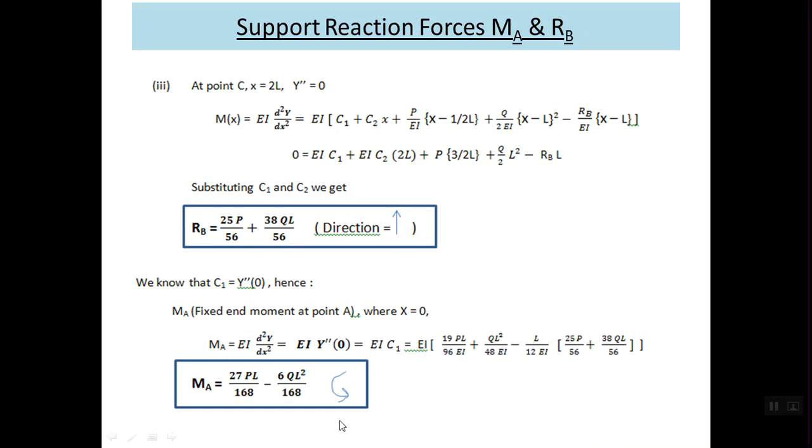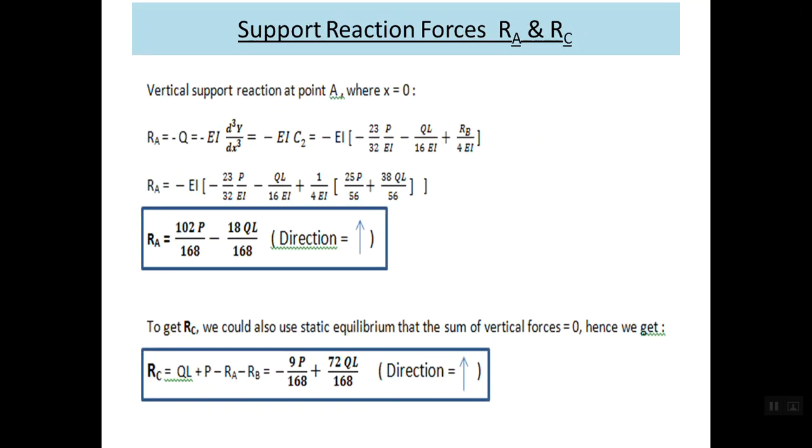Then we can resolve for the fixed end moment at point A. Then we find the vertical support reaction at point A, where x equals 0. It should be the minus of the shear force, or the third derivative of the elastic curve. Then we get the support reaction RA.